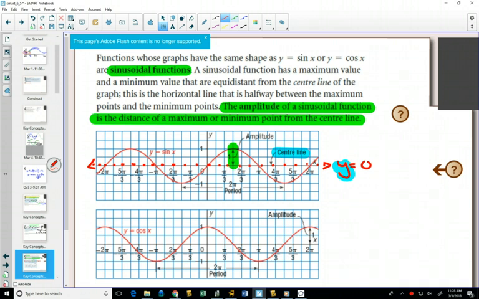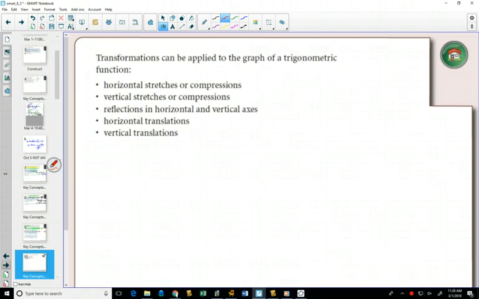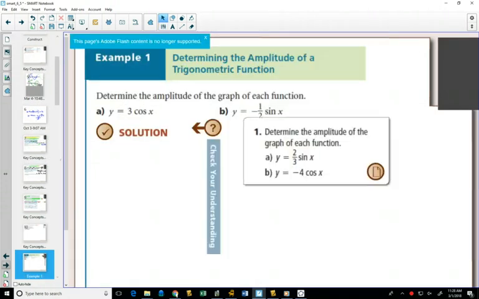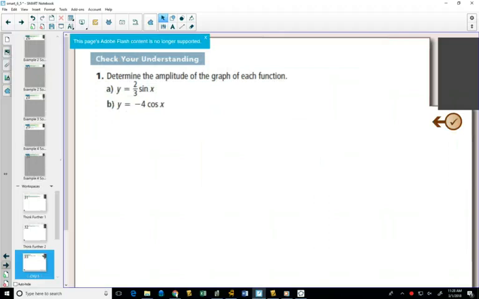So in this first section, when we get to example 1, although it says just to determine the amplitude of the graph of each of these functions, we're also going to graph them. And we're going to find out certain characteristics of the graph.